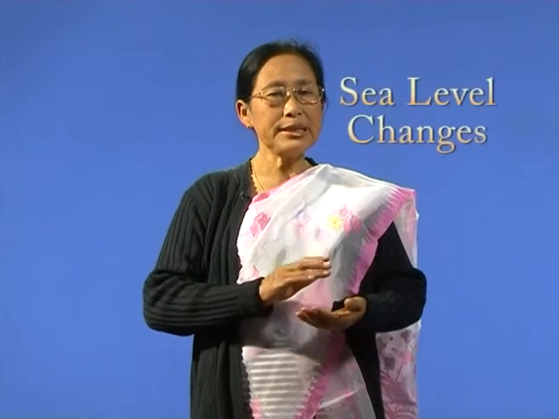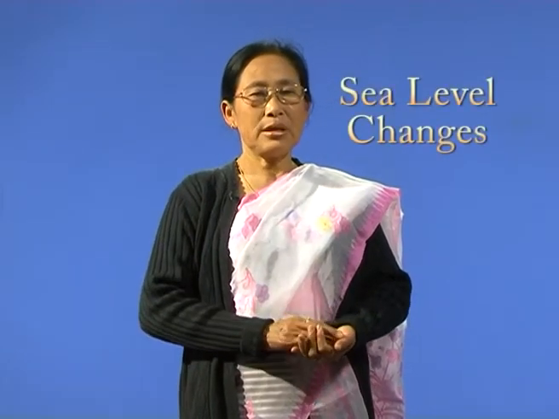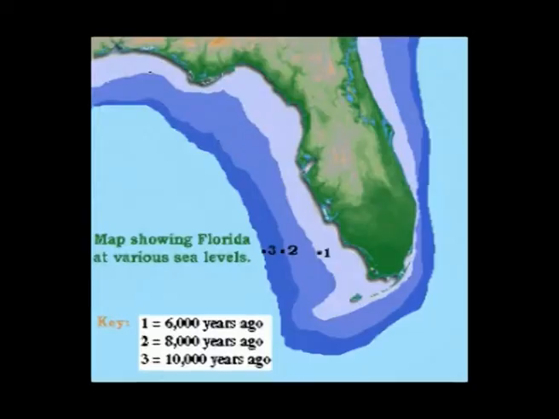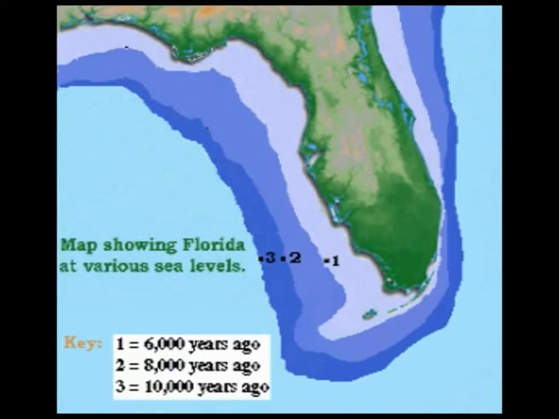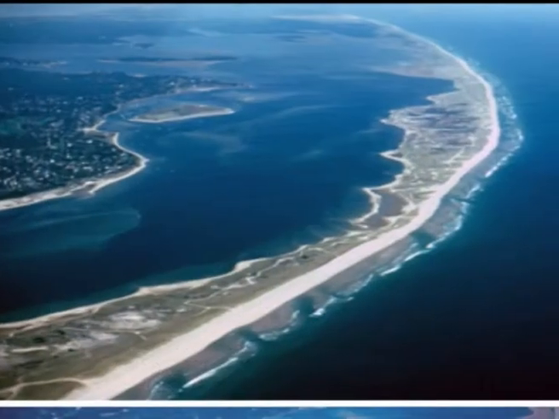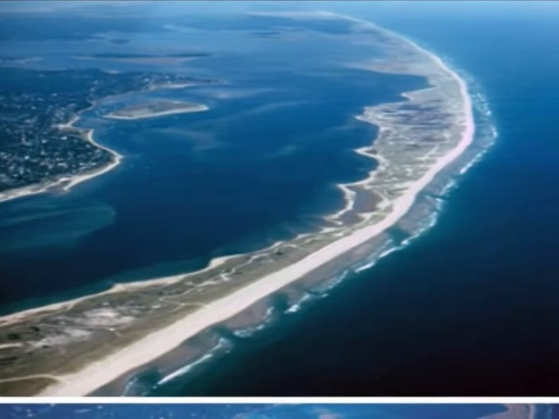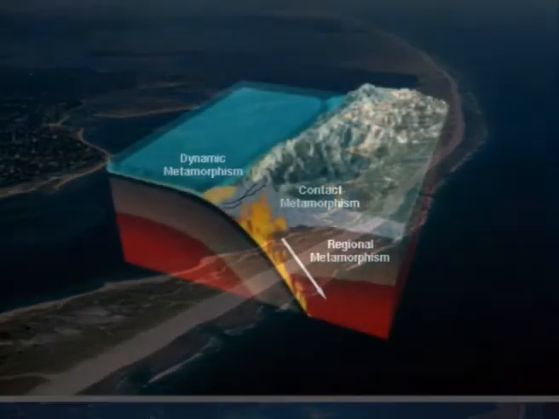Now let's come to another point, that is sea level changes. Coastal environments during the Pleistocene were controlled in large part by the fluctuating level of the sea as well as by the local tectonic environmental conditions.